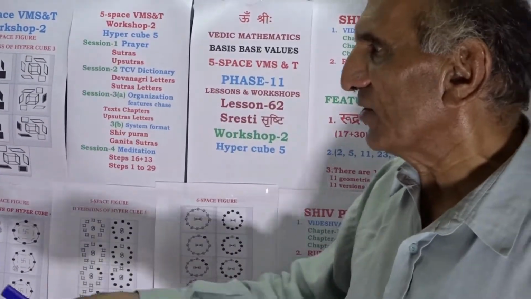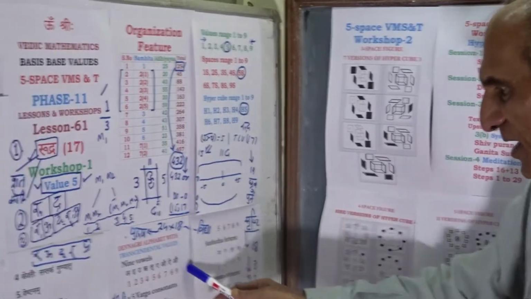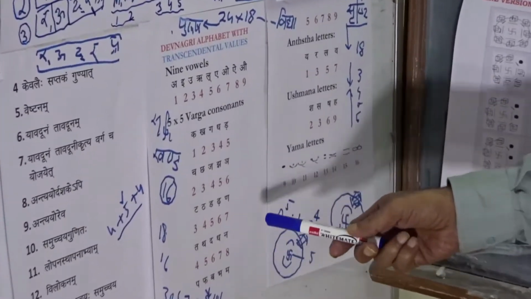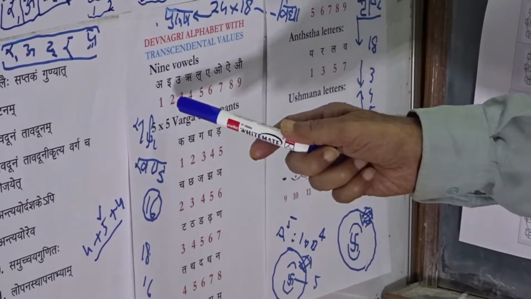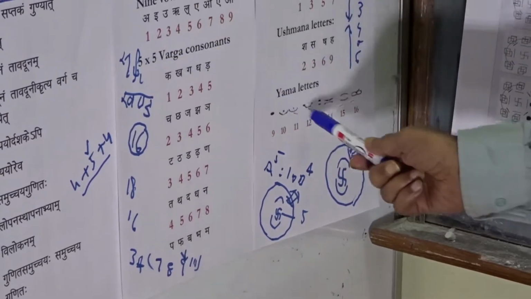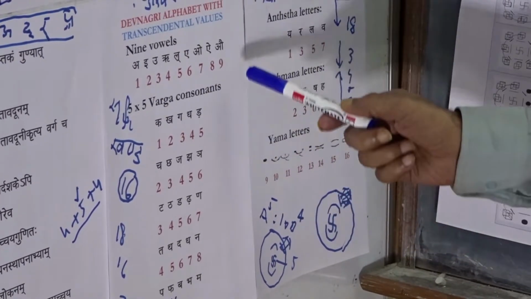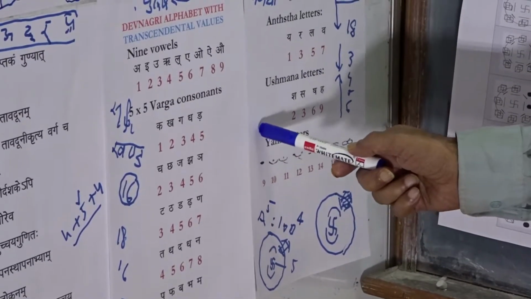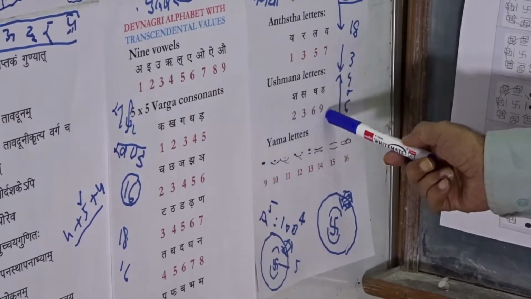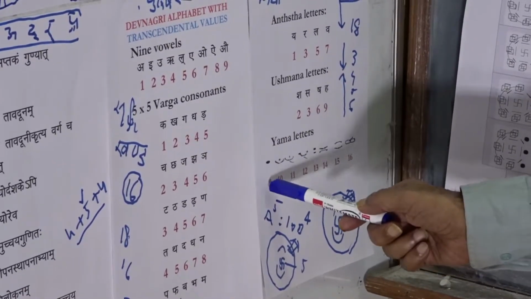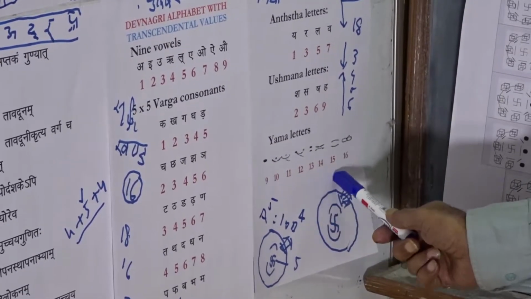We know that the Devanagari alphabet is a set of 50 letters, and the transcendental code values accepted by these letters are from value 1 to value 16. Of these, we noticed that the vowels and the consonants accept TCV values in the range 1 to 9, while the Yama letters accept the values of the range 9 to 16.